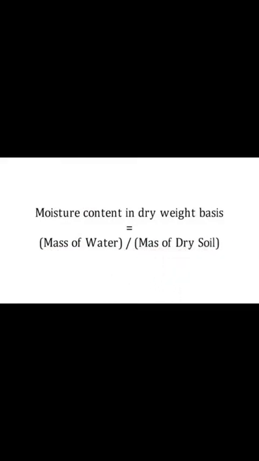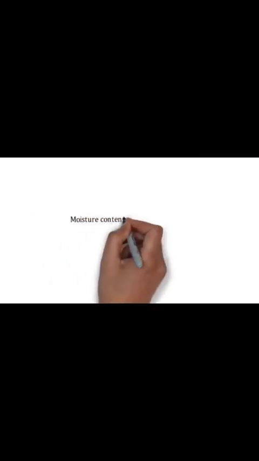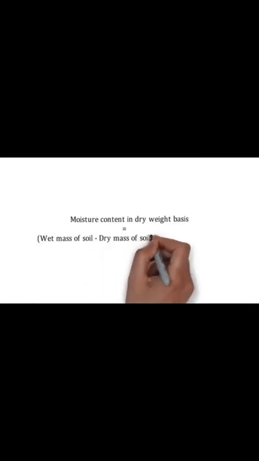As we already have the mass of dry soil, now we have to find the mass of water. The mass of water is the difference between the wet mass of soil and the dry mass of soil. Next, the moisture content on a wet basis is calculated similarly. The only difference is that the mass of water is divided by the mass of wet soil.